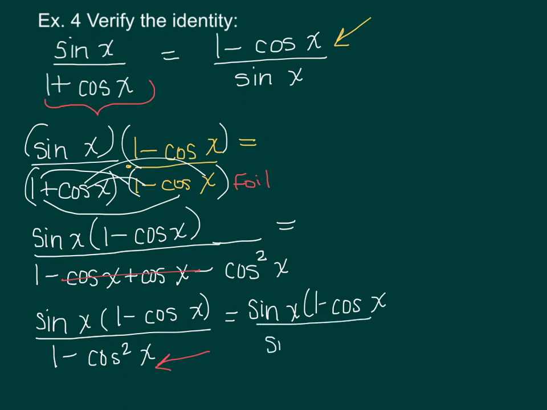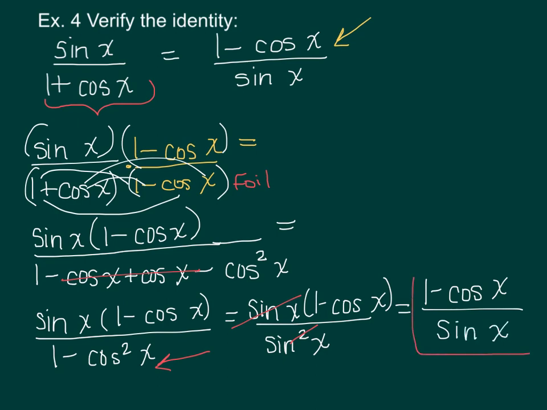That's equal to sine squared x. And so I'm going to simplify this because I have 1 on top and 2 on the bottom. So that leaves me with 1 on the bottom. And look, I have verified my left side is equal to my right.